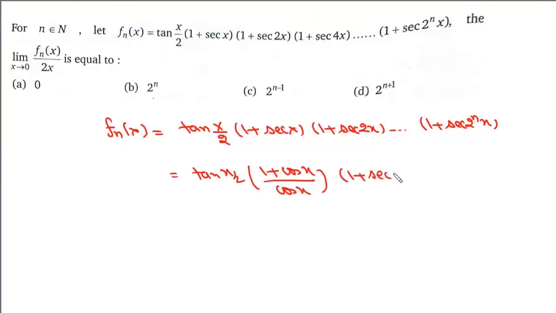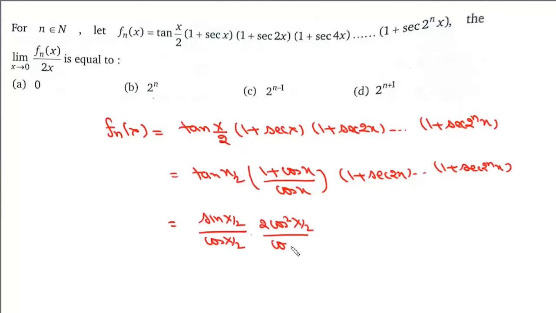So it is 1 plus secant 2x up to 1 plus secant 2 to the power n x. Now we'll change it in terms of sine and cos. So it will be sine x by 2 upon cos x by 2, and 1 plus cos x will be 2 cos square x by 2 upon cos x, and this is 1 plus secant 2x up to 1 plus secant 2 to the power n x.